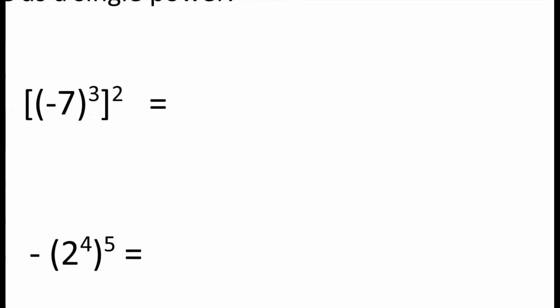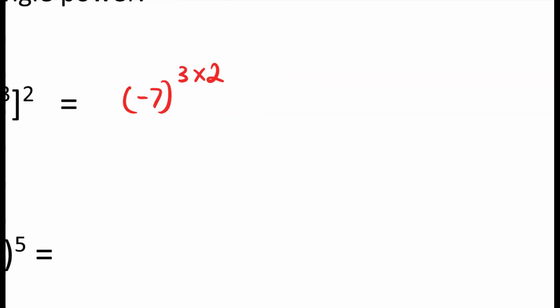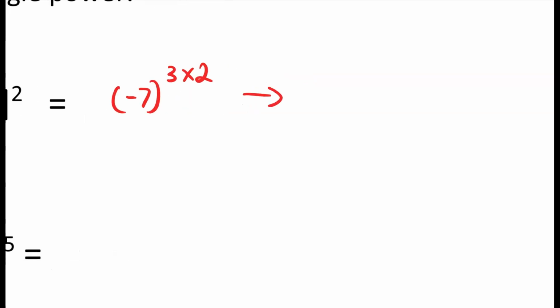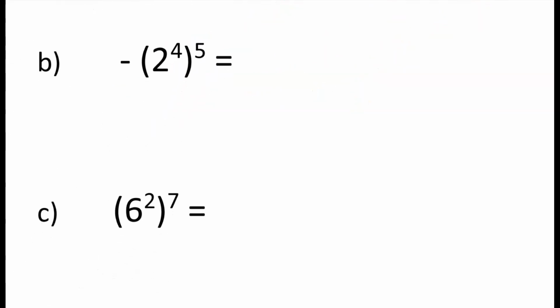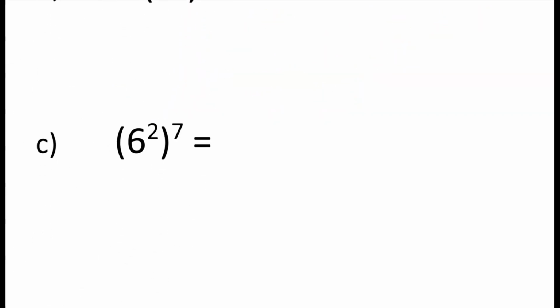What we can do is write down our base of -7 in brackets, and we have 3 multiplied by 2, which gets us -7 as our base and 6 as our exponent. So we have -7 to the power of 6. B, I'm going to leave for you to complete.